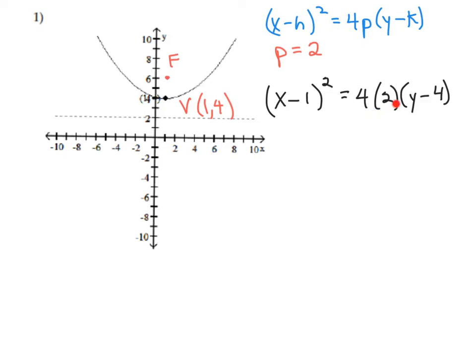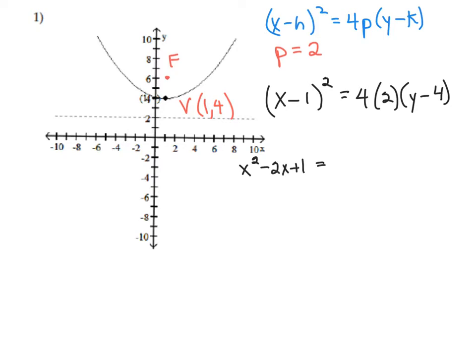This equation also tells me, based on this coefficient here, that the vertex and the focus are 2 units apart, and the focus is above the vertex. Now, to finish off this problem, we're going to go ahead and multiply everything out. So x minus 1 squared is x squared minus 2x plus 1.